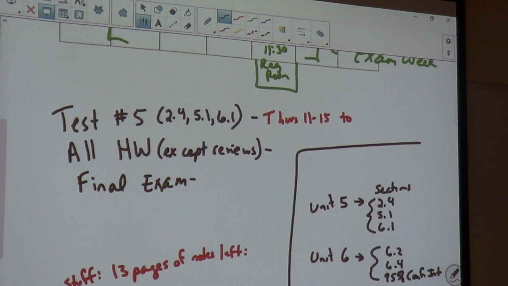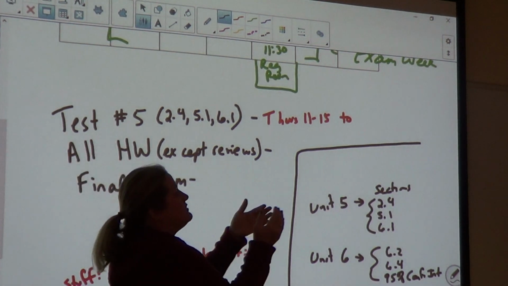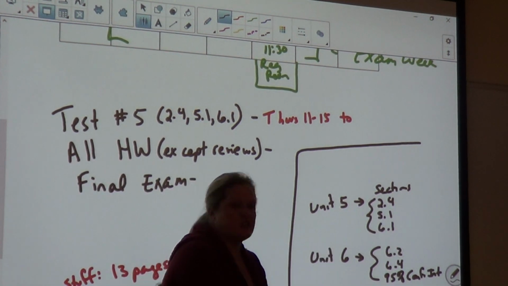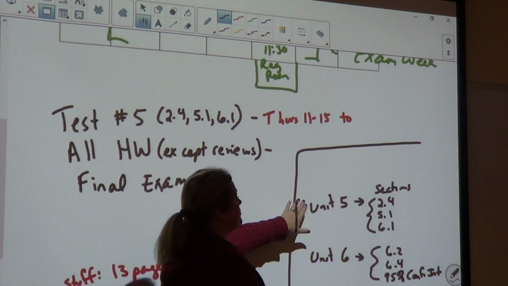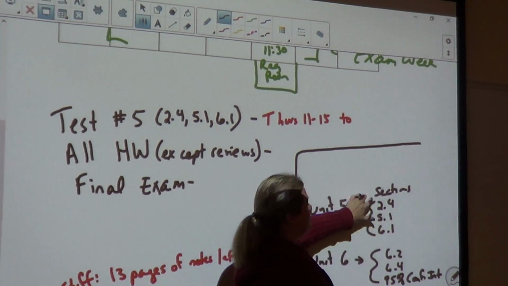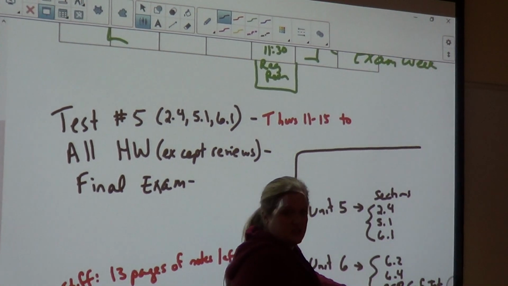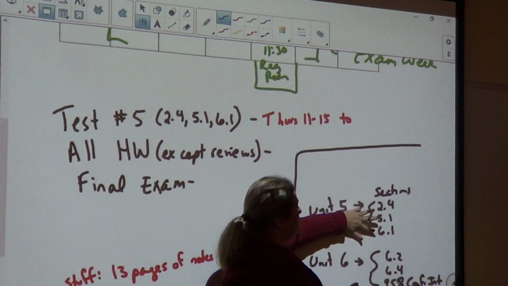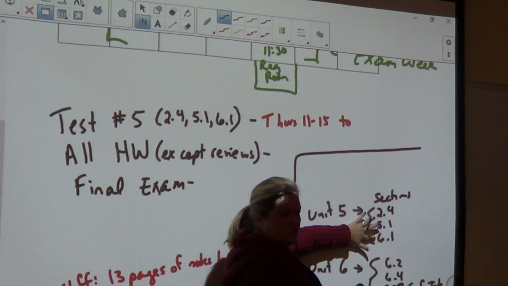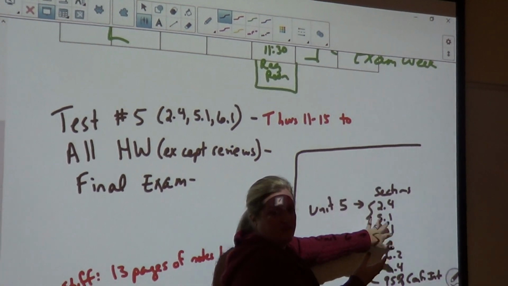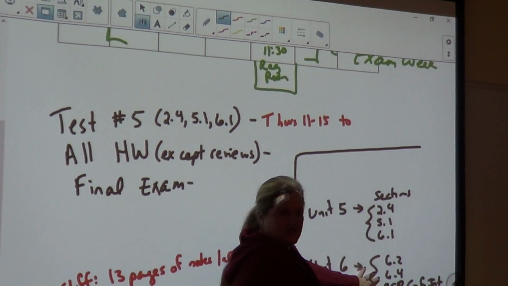So we're at the end, so it's kind of like Unit 1 was Chapter 1, Unit 2 was Chapter 2, Unit 3 was Chapter 3. Well, Unit 5 is just some little baby sections, and Unit 6 is a couple more baby sections. So Unit 5 was on these 3 baby sections. So it's not really on Chapter 5, and Unit 6 is not on Chapter 6.